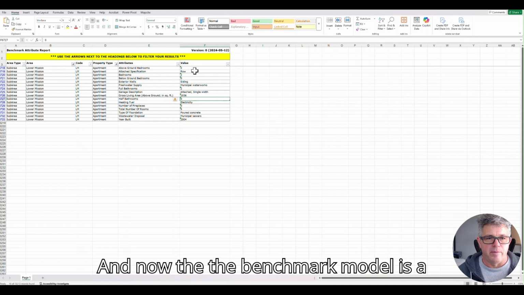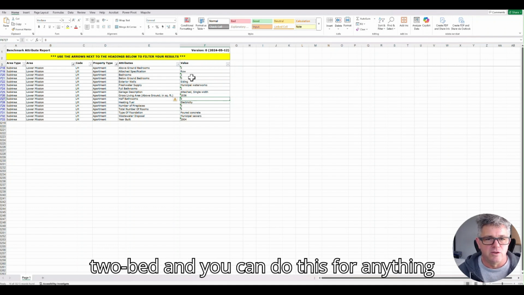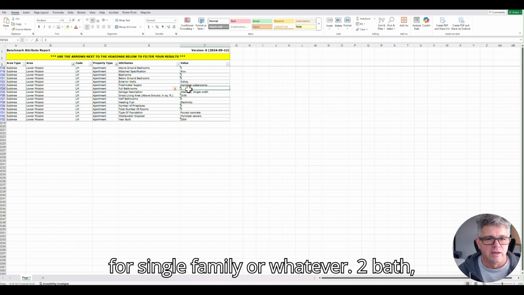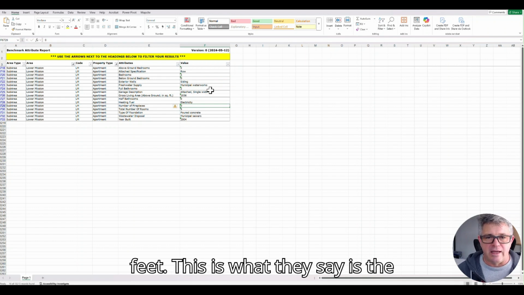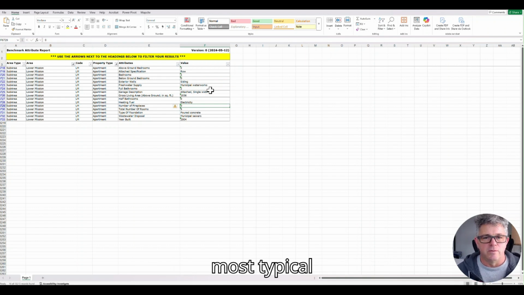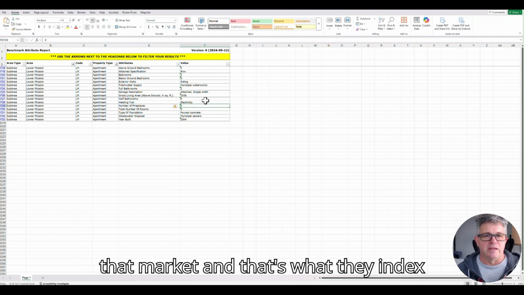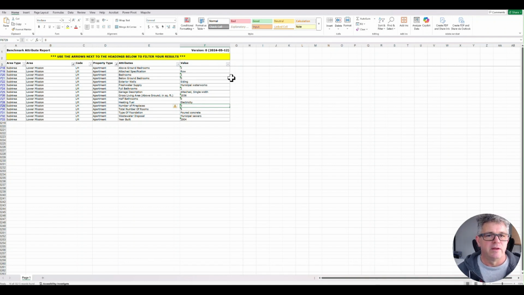The benchmark model is a 2-bed, 2-bath, 5 total rooms, 1,036 square feet. This is what they say is the most typical unit in that market, and that's what they index the pricing to every month.